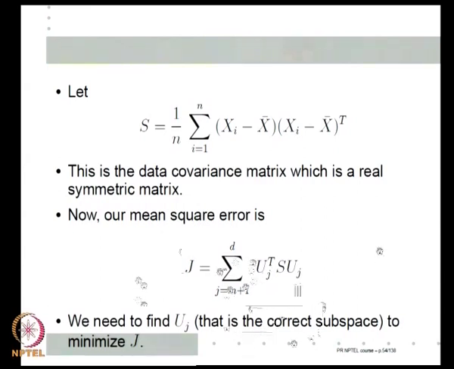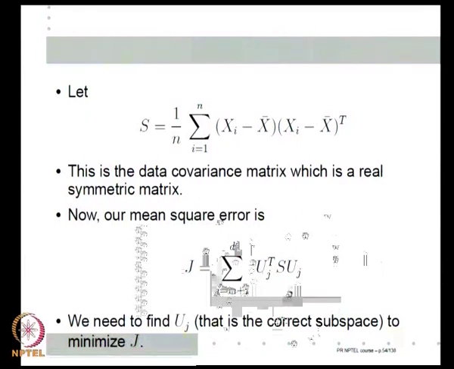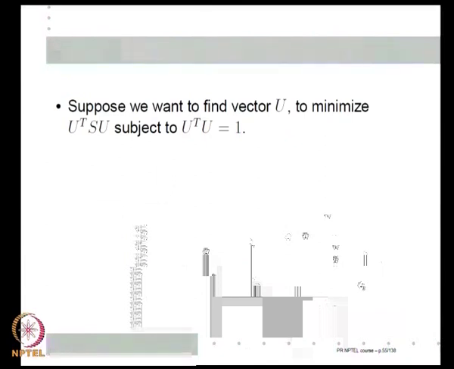Of course, here I need to minimize the sum of such quadratic forms with respect to vectors which are constrained to be orthonormal, constrained to have norm 1 and orthogonal to each other. So, let us just look at how one minimizes a quadratic form.